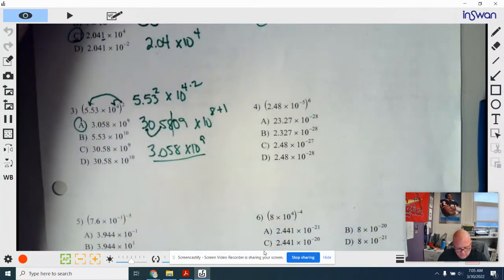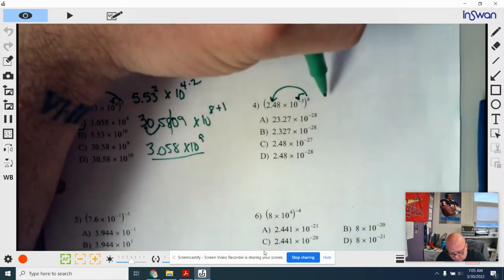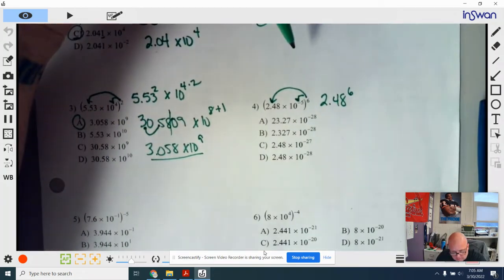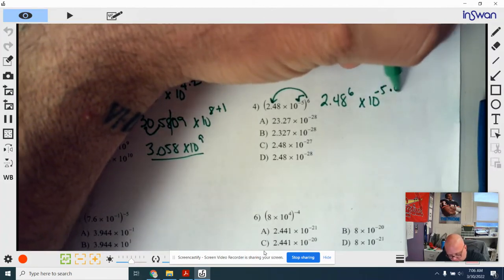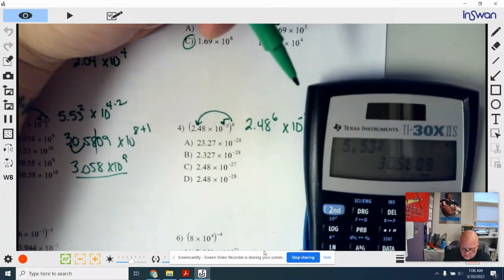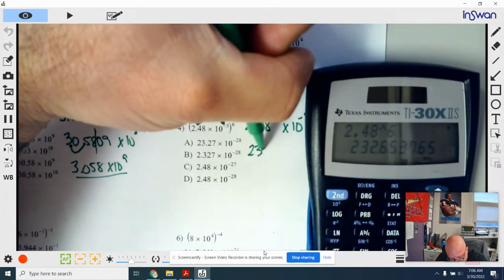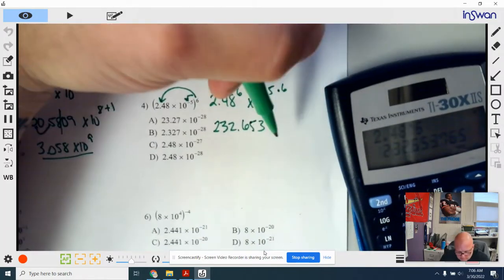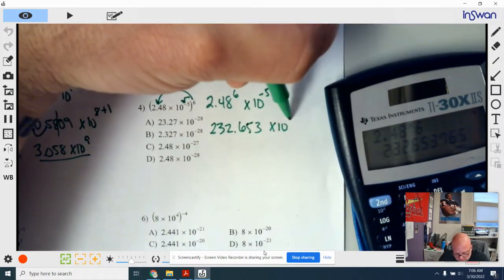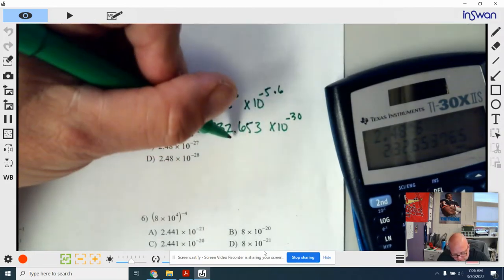Okay, number 4. Take this 6th power in. So you got 2.48 to the 6th power times 10 to the negative 5th, now times 6. Okay, so I'm going to do 2.48 to the 6th power, and I get 232.653. I'll stop there. Times 10. Negative 5 times 6 is negative 30. Okay, this number is really large here, so I need to move this back.